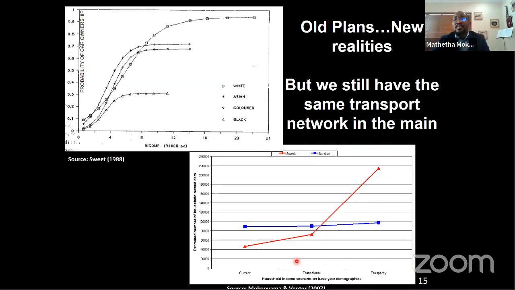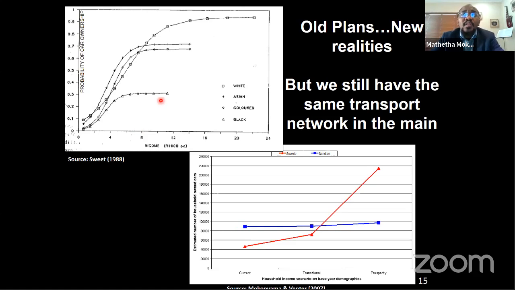We need to learn something. And also what you observe, the networks that were built, the roads, the rail networks and so forth, were built with certain concepts of living in mind. The picture at the top there is car ownership forecasts in the city of Johannesburg relative to income, done sometime in 1988, so that you can then design networks.